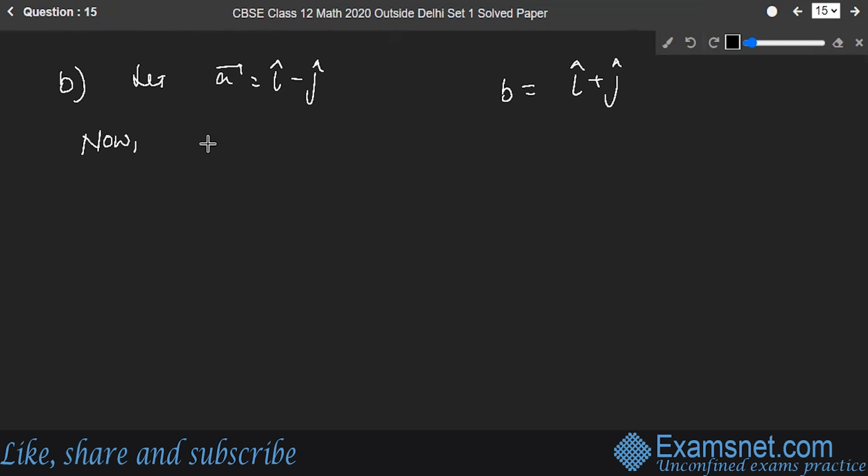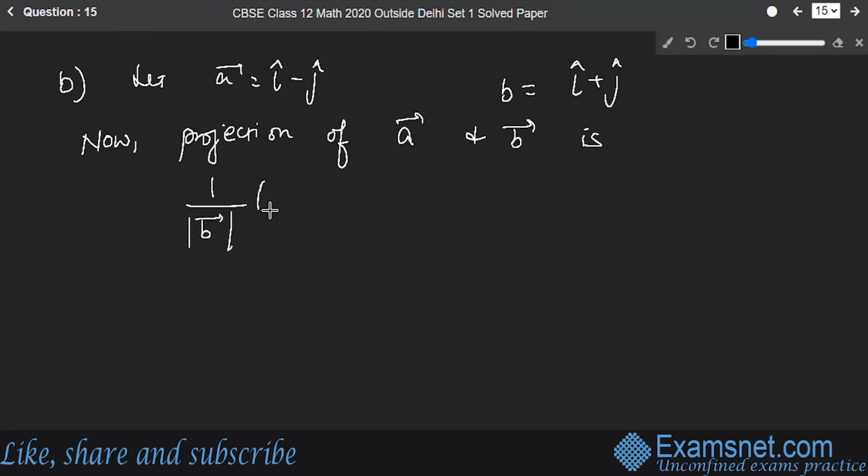Now, the projection of vector A on B is given by 1 upon mod of B into the dot product of A and B, right? So this is equal to 1 upon root of 1 square plus 1 square, which is 1 plus 1, into A dot B. Let's find out their dot product.